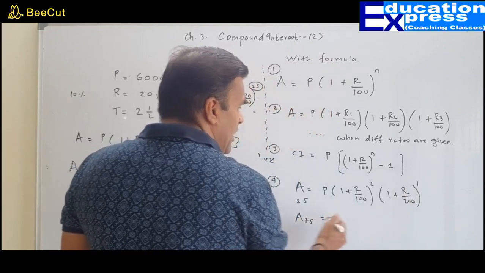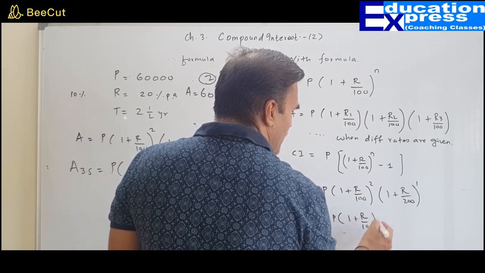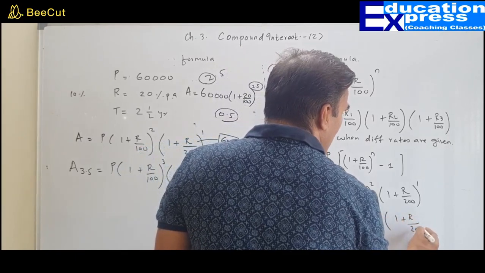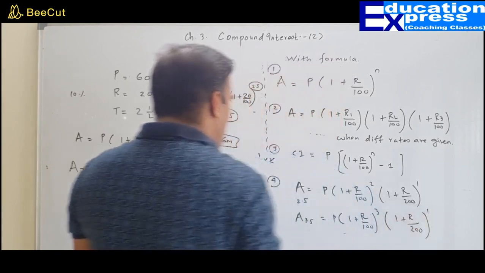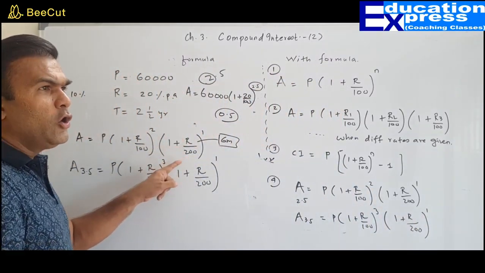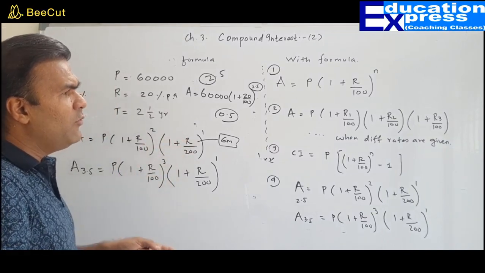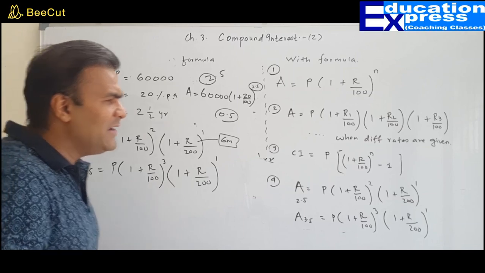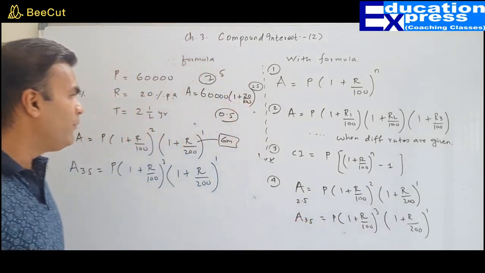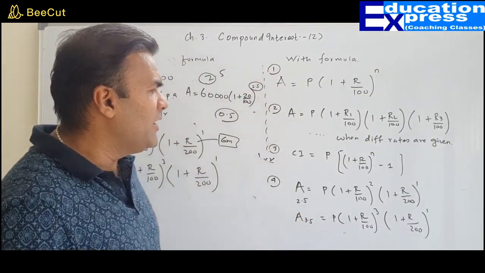If it is 3.5, P, 1 plus R upon 100 raised to 3, 1 plus R upon 200 raised to 1. Remember, the moment you take 200 instead of 100, automatically it becomes 6 months. So the 6 monthly formula, in case you want to devise it, will be based on 1 plus R upon 200. So my dear friends, I give you a minute to copy down these formulas.